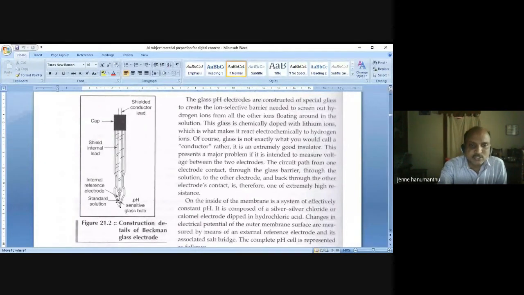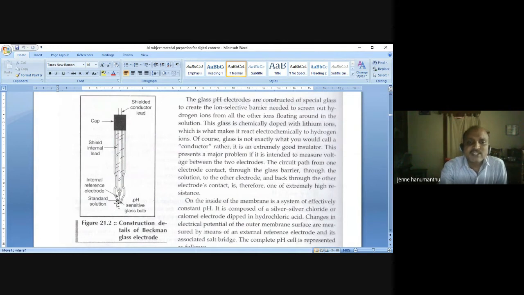What is the solution called? It is a pH sensitive glass bulb. Just at the corner of the pH electrode, there is a pH sensitive glass bulb which contains a standard solution, nothing but HCl.